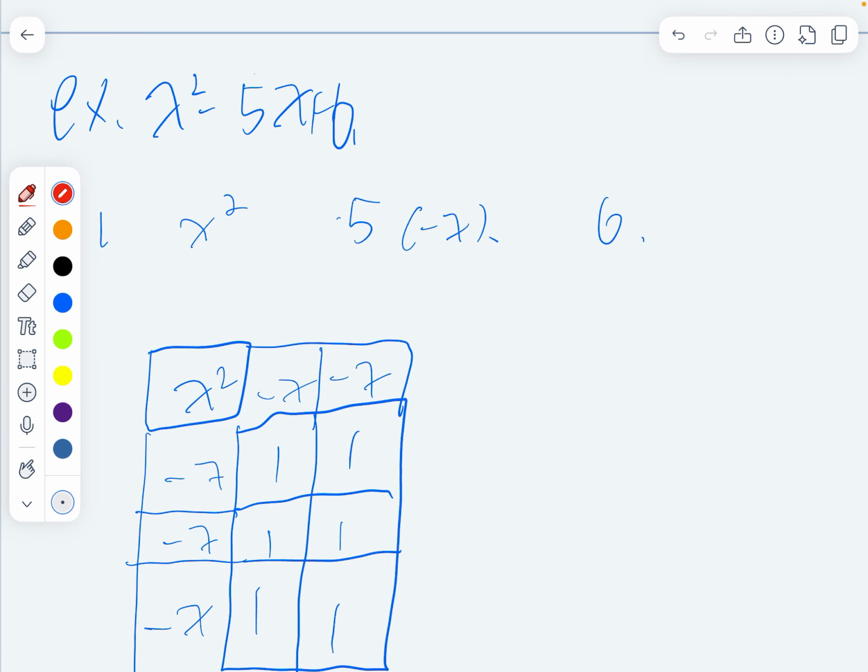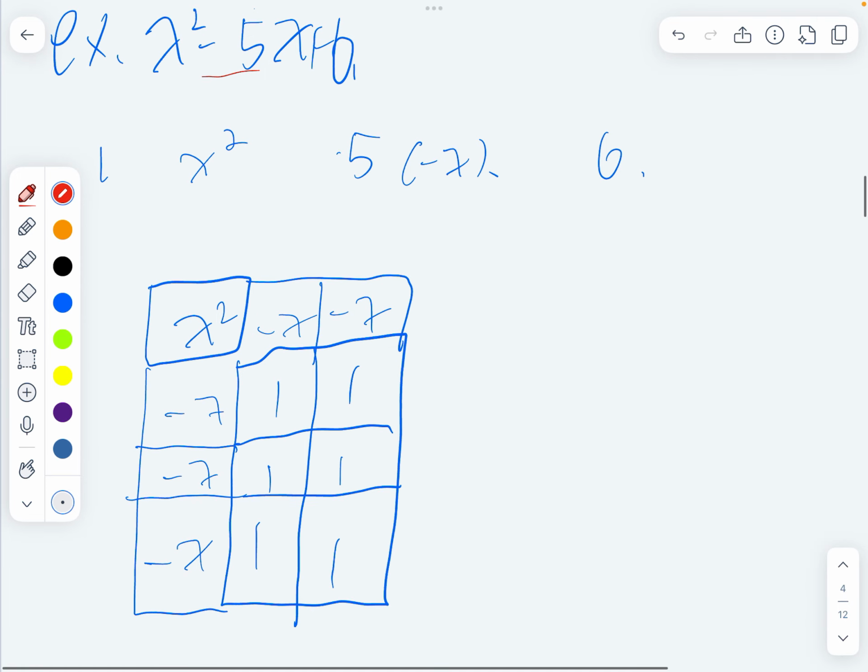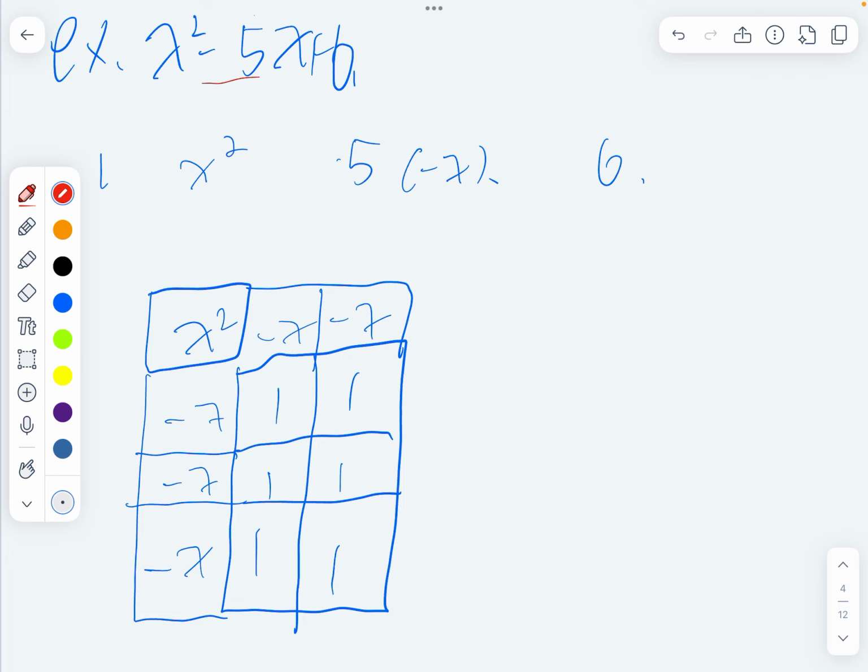Well, what about when the second term is negative? It's the same idea. We draw the x squared on the left hand side, and we draw the unit blocks. On the other side we put the negative x blocks on each side.